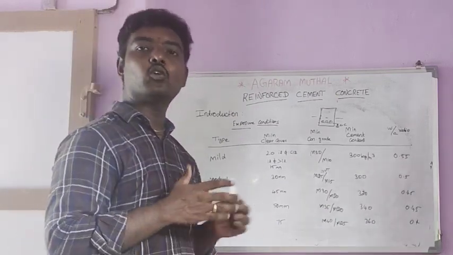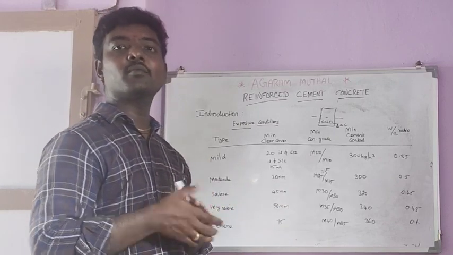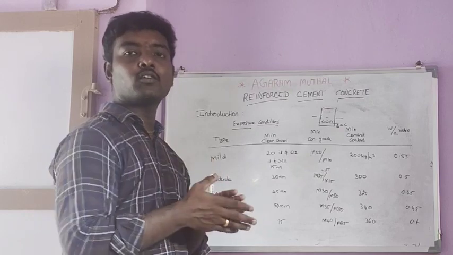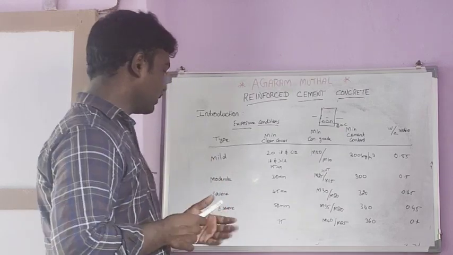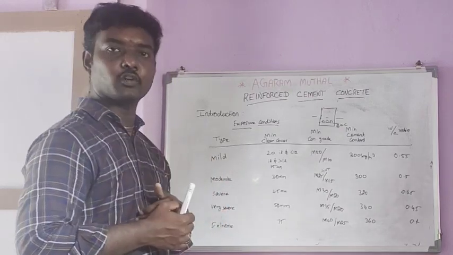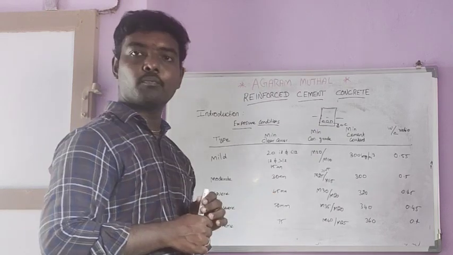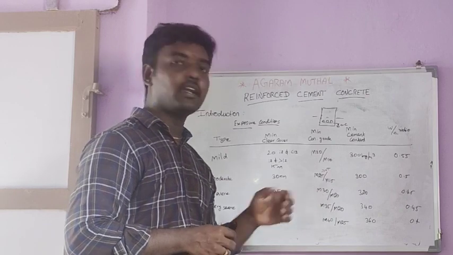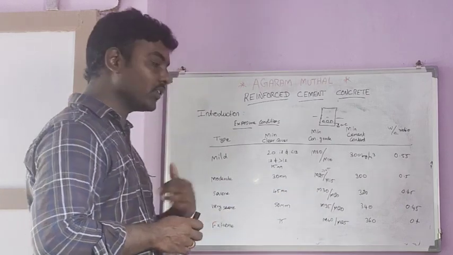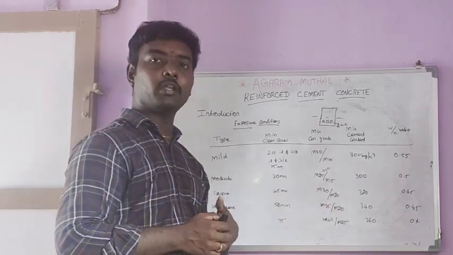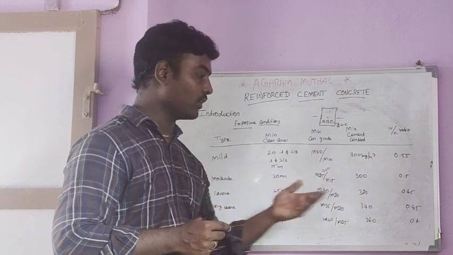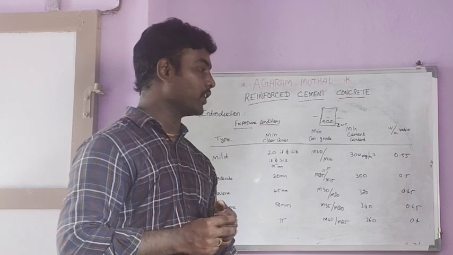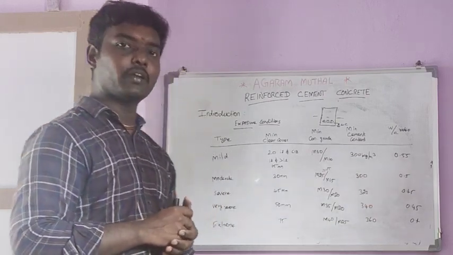So this is at coastal zone areas, where some kind of salts may attack the structure, and this kind is called severe exposure. The minimum clear cover provided is 45 mm, and the grade designated for severe conditions is M20 at minimum, M30 at maximum. The binder content is 320 kg per meter cube, and the water cement ratio is 0.45.